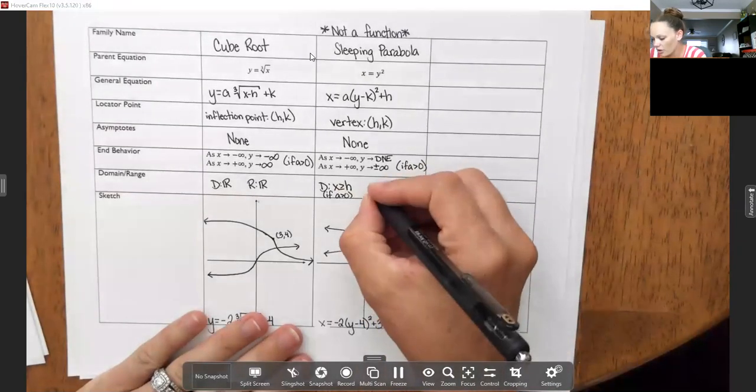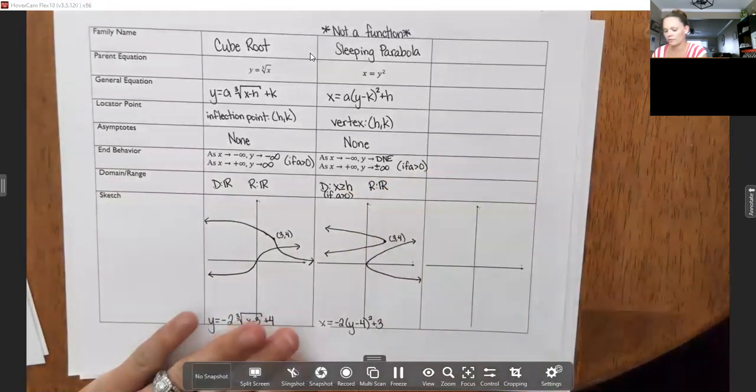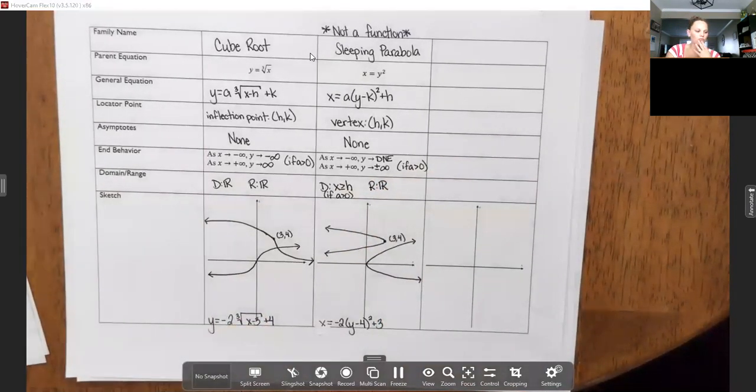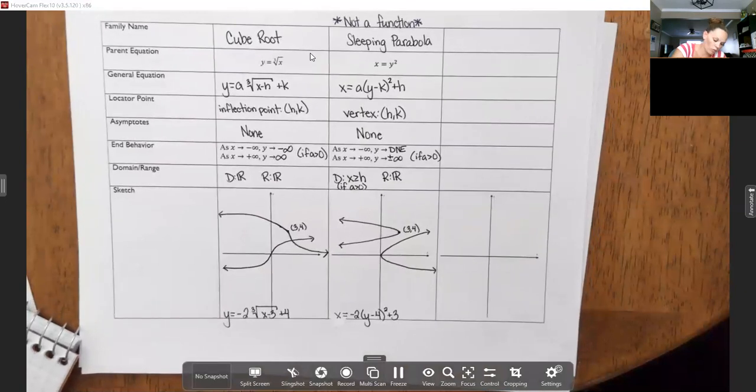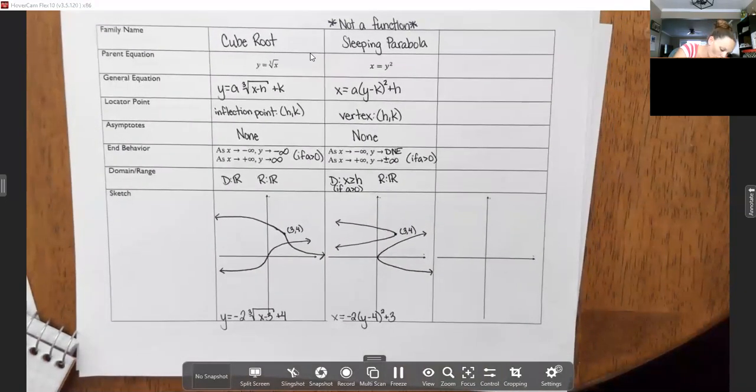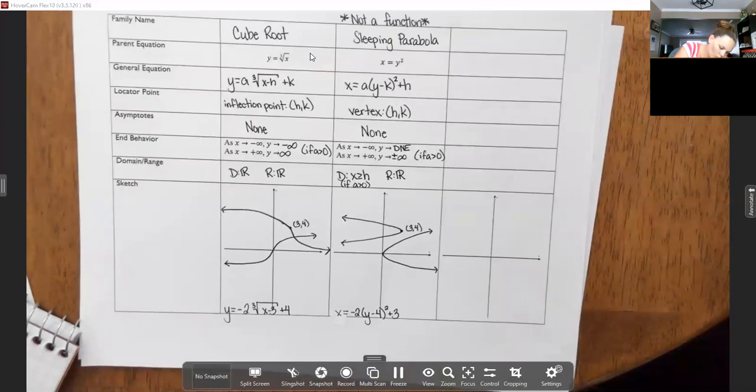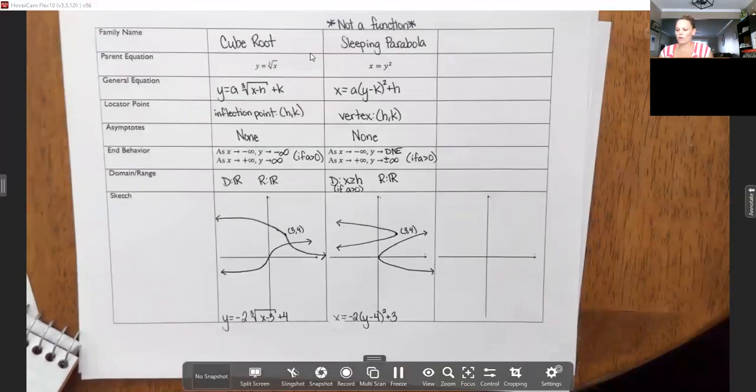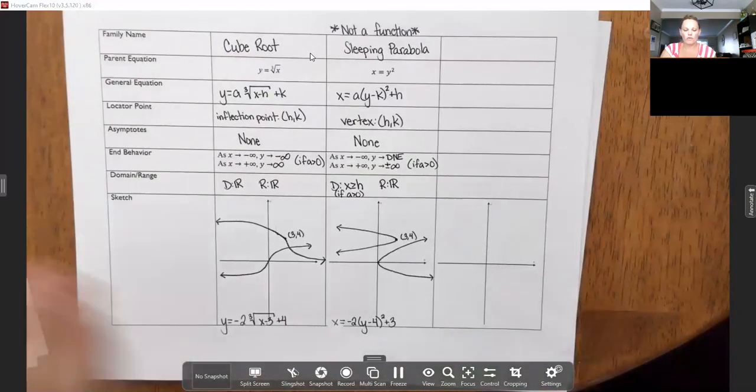And then our range is all real numbers for both of these. All right. If you have questions on that one, let me know.